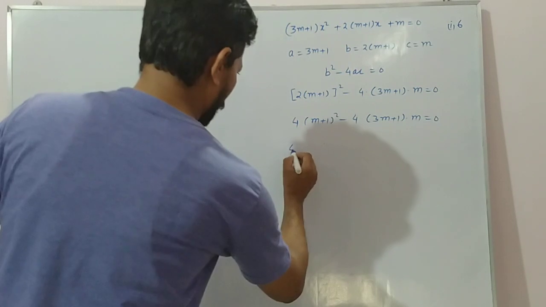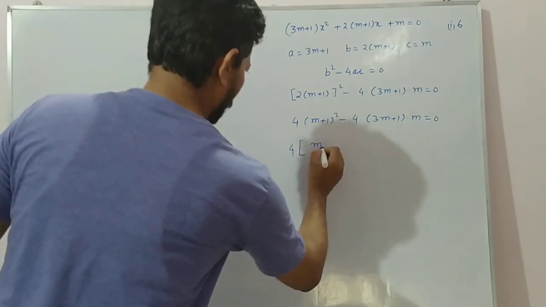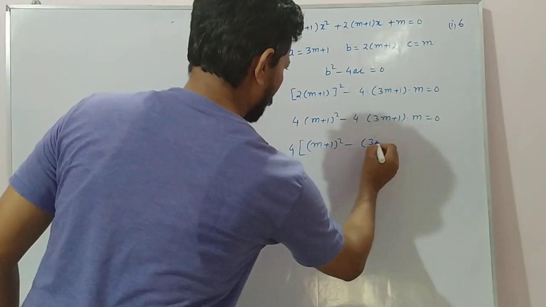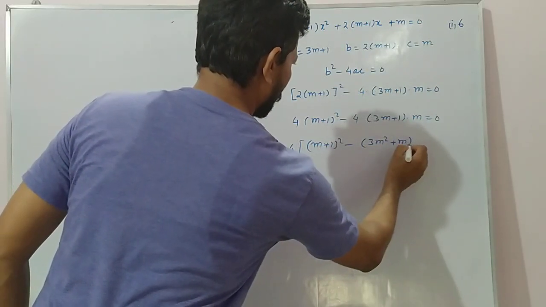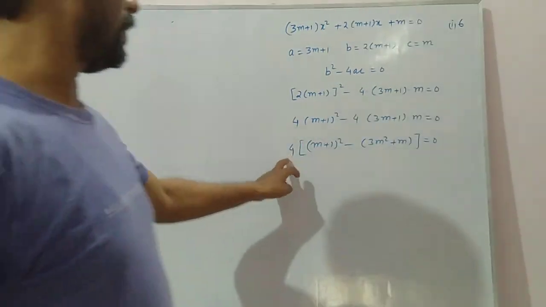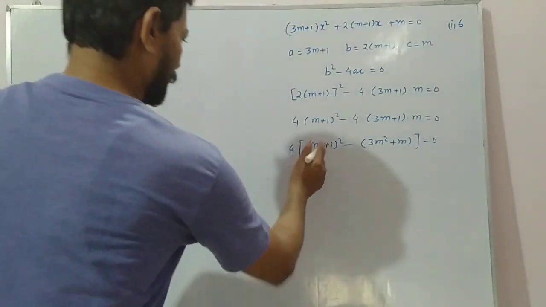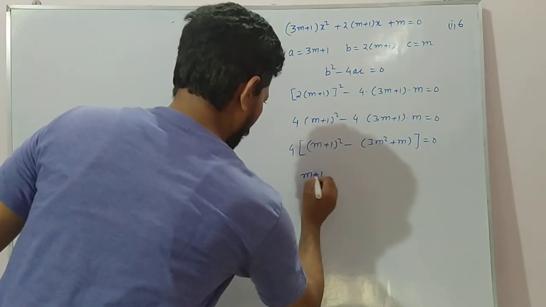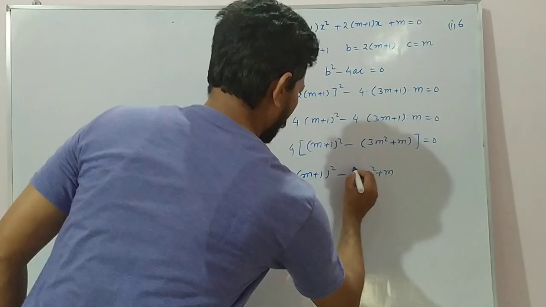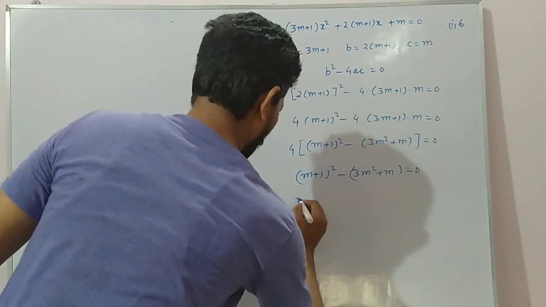From here we can take 4 common, and this is m plus 1 the whole square minus, multiplying this m inside, 3m square plus m equal to 0. Here 4 cannot be equal to 0. So this one, m plus 1 the whole square minus 3m square plus m equal to 0.